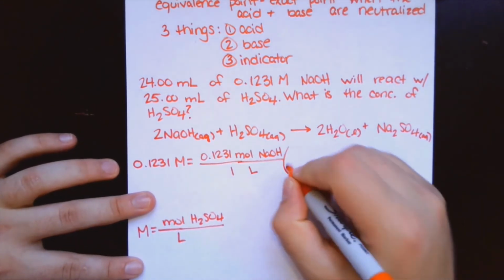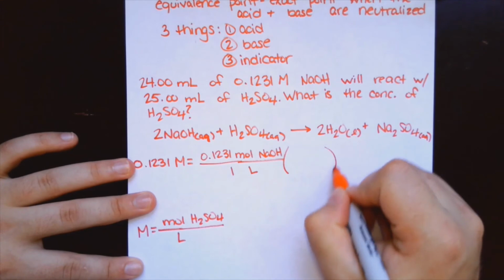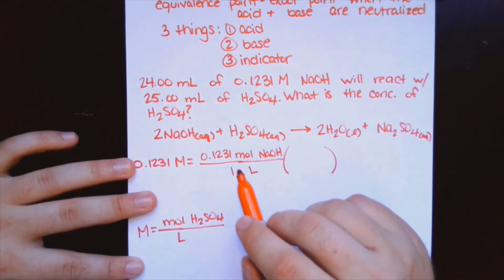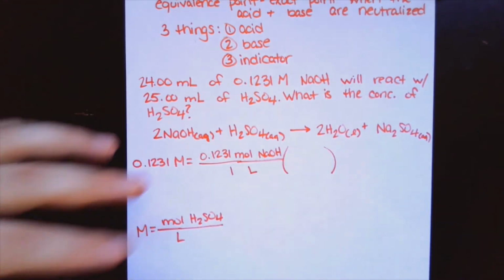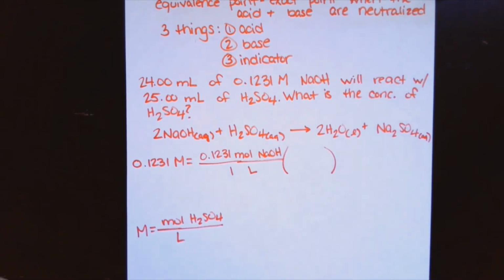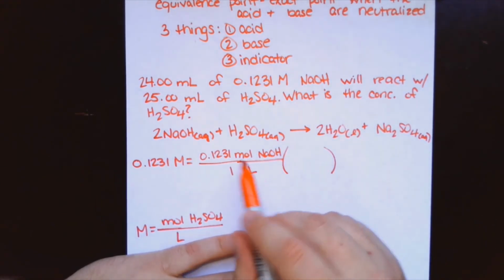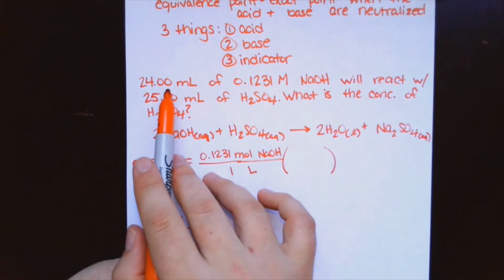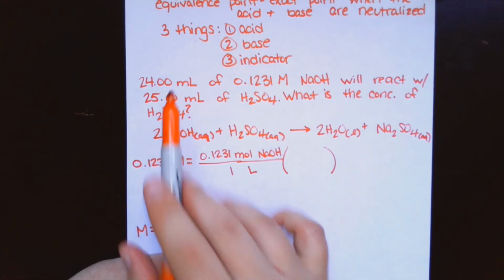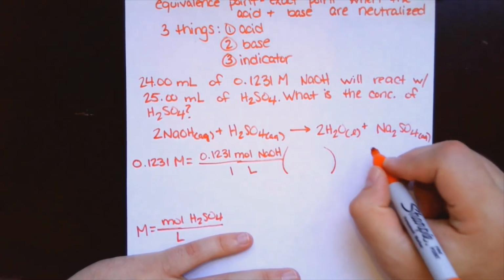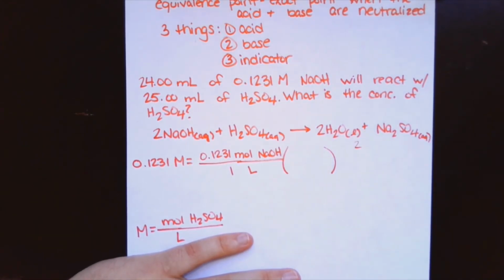So our first step here, let's get rid of this denominator so that we are left with just moles of NaOH. Because remember, you want to get into moles of one chemical species so you can do a mole to mole ratio to the other chemical species. So we're actually just going to multiply this by the volume. But remember, the volume is given in milliliters, so we need to convert that to liters. So 24 milliliters.